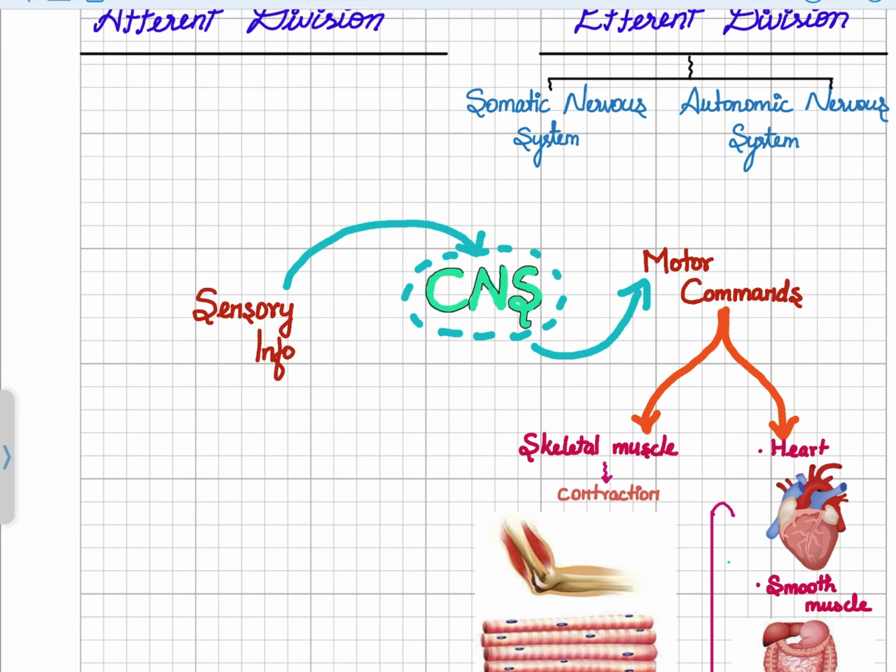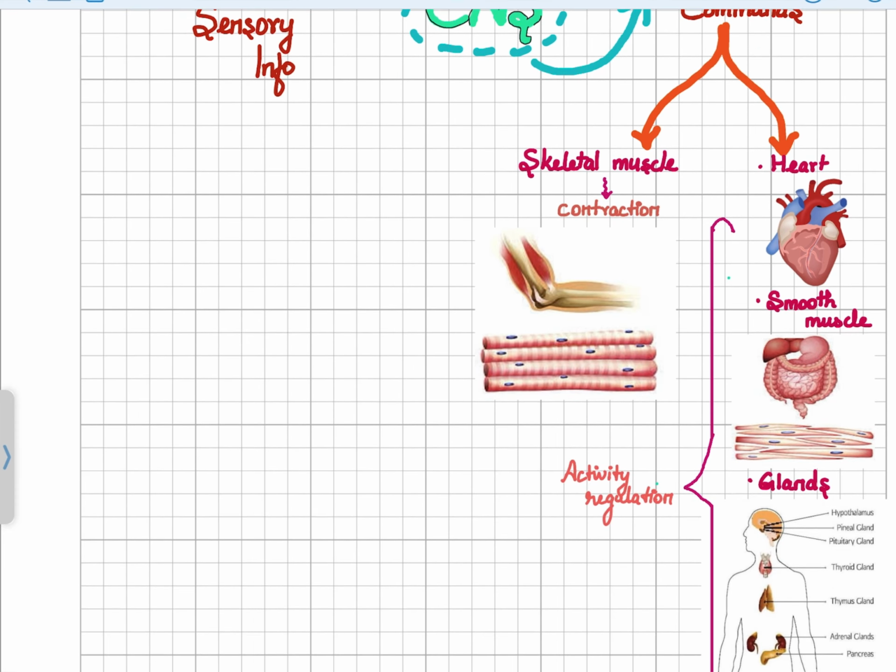And one thing is that in the efferent division, the motor commands are delivered to various parts of the body. So based on these parts, we are classifying them again as somatic and autonomic nervous system. When the motor command is sent to the skeletal muscle, which is a voluntary control muscle, right? You can control your skeletal muscle, you can contract your biceps, you can contract your triceps, but you cannot contract your heart if you think, you cannot contract your stomach if you think, right?